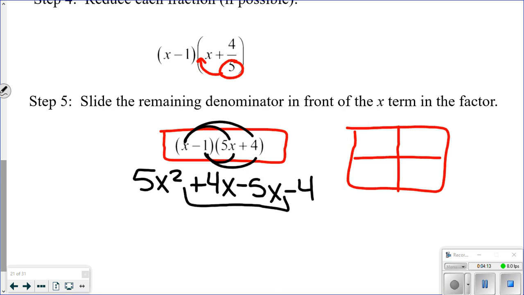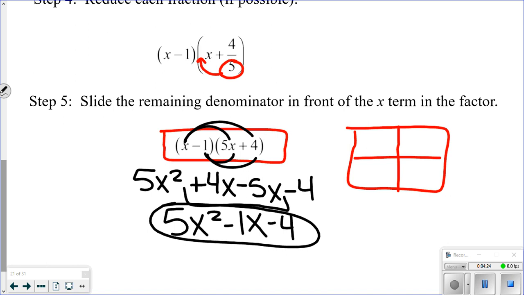Combine my like terms, my middle x terms. And if I look back up to the top of my notes or my paper, this is the answer that we started with. So we know that we solved this correctly. That x minus 1 and 5x plus 4 are our answers here.